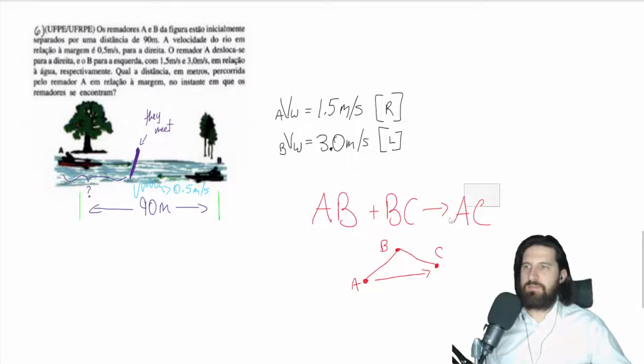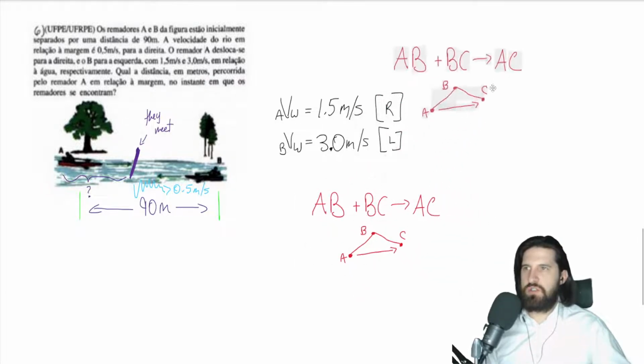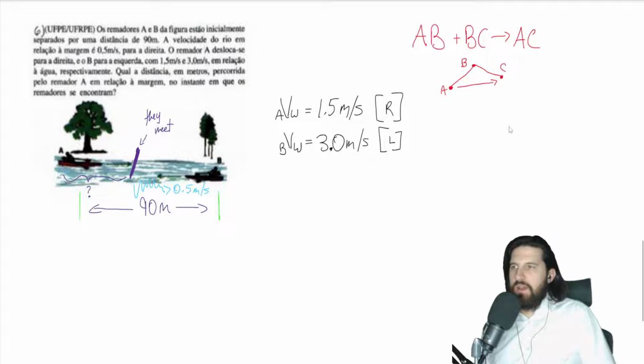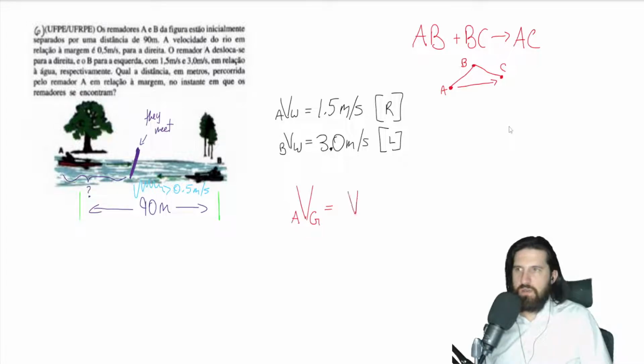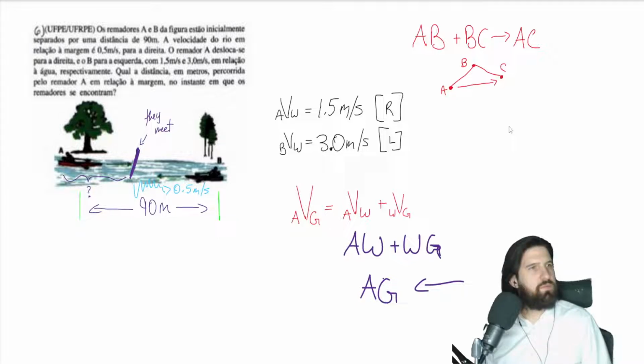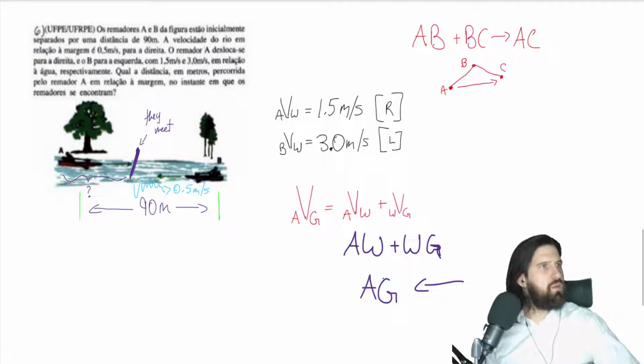Well, that's the same logic we're going to use when we say this. The velocity of A relative to the ground is equal to the velocity of A relative to the water plus the velocity of the water relative to the ground. And now this is like AW plus WG. It's just AG, right? And that is what we're looking for.